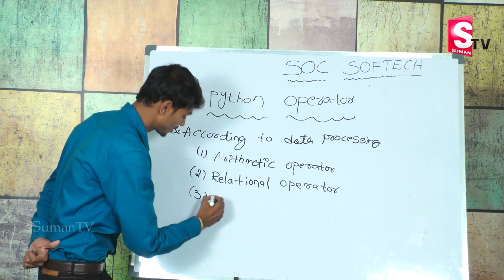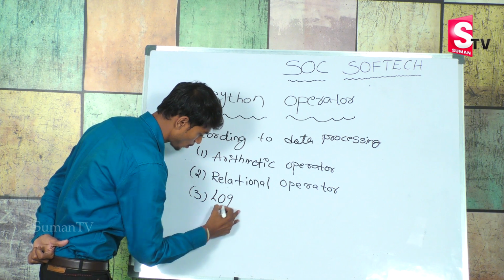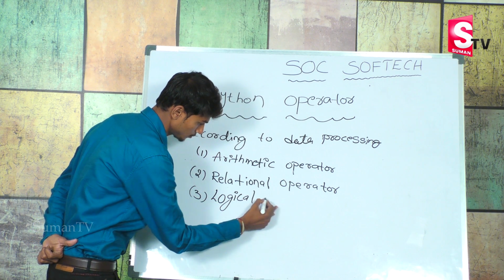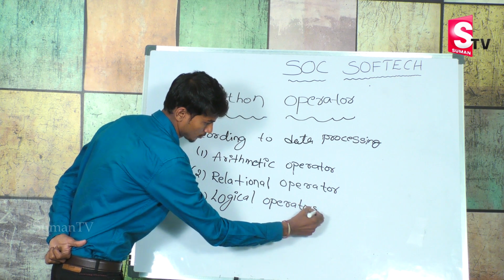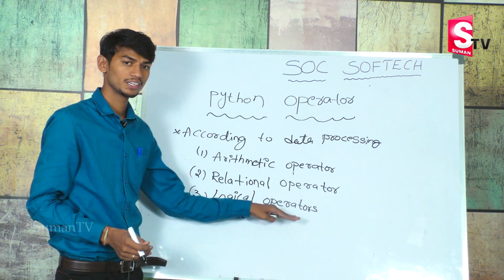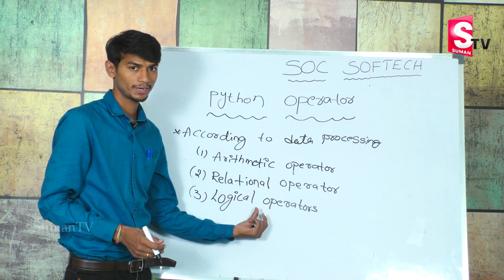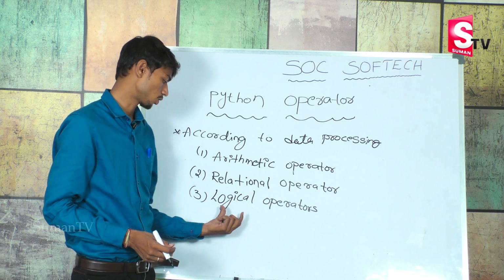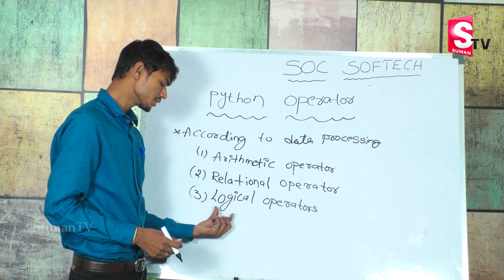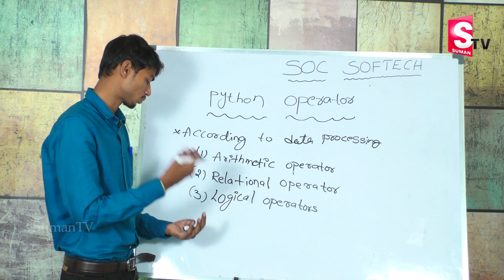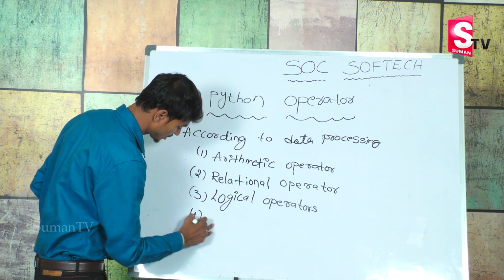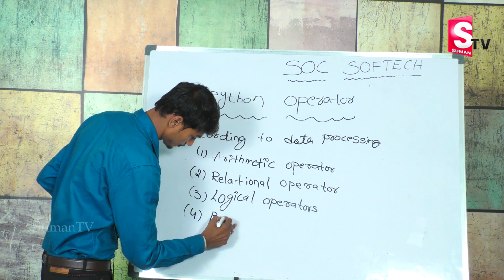The third one is logical operators. Here we have different kinds of logical operators: AND operator, OR operator, NOT operator. If the logic is satisfied, it gives some result, either true or false. The fourth one is bitwise operators.